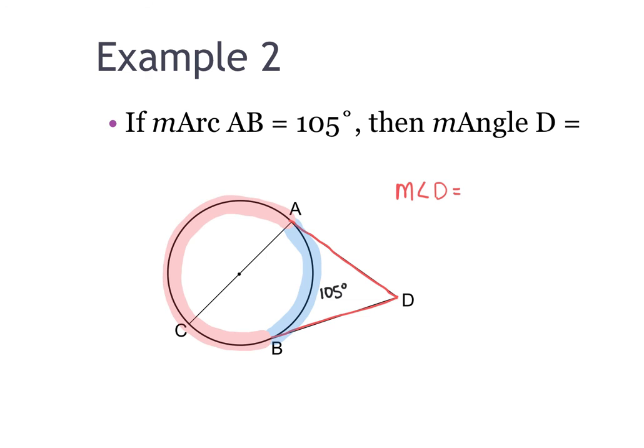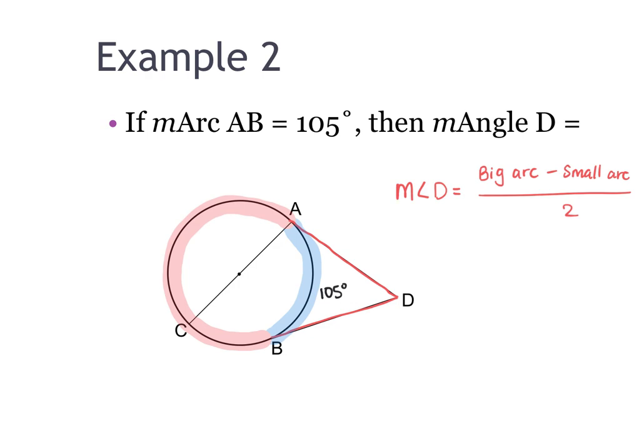So the measure of angle D is going to be equal to the big arc minus the small arc, divided by 2. I'm using subtraction because my vertex is outside the circle. You add them together when your vertex is inside the circle.